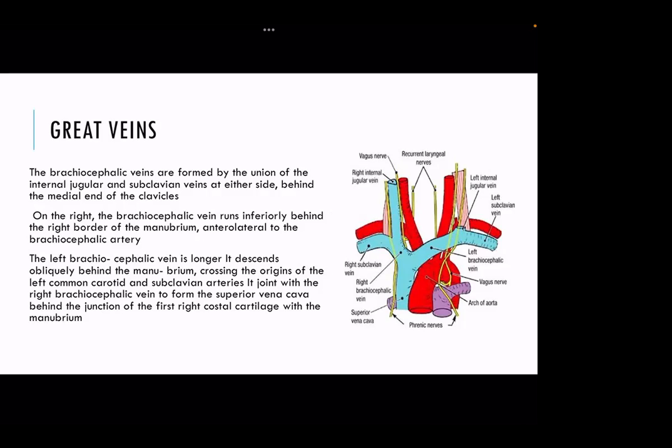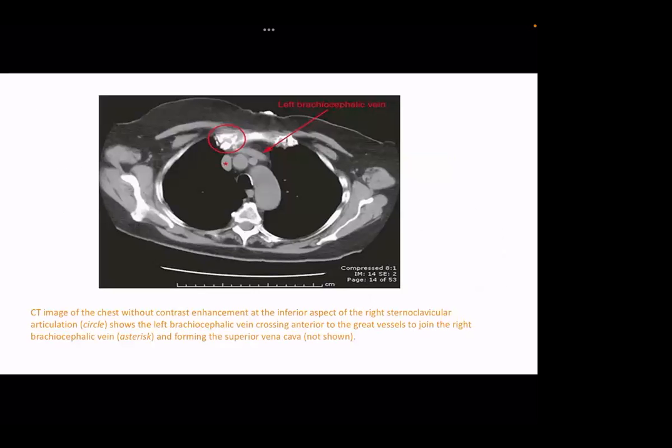It descends obliquely behind the manubrium, crossing the origin of the left common carotid and subclavian arteries. It is joined with the right to form the superior vena cava behind the junction of the first costal cartilage with the manubrium.